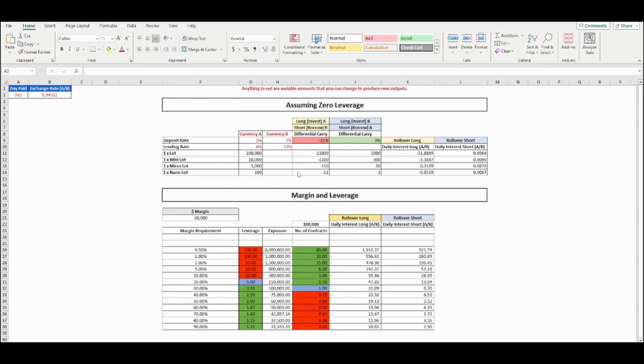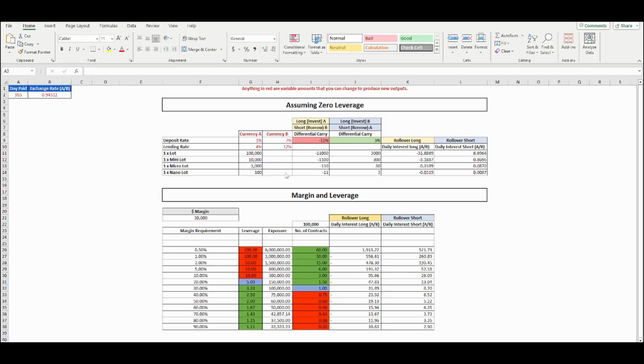So starting off with the left, in this top table here, this is assuming zero leverage and zero margin, and the interest rate we are assuming is paid 365 days of the year, and the exchange rate of the currency is 0.94512.